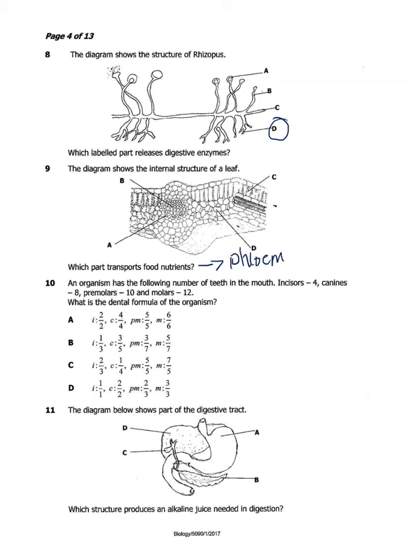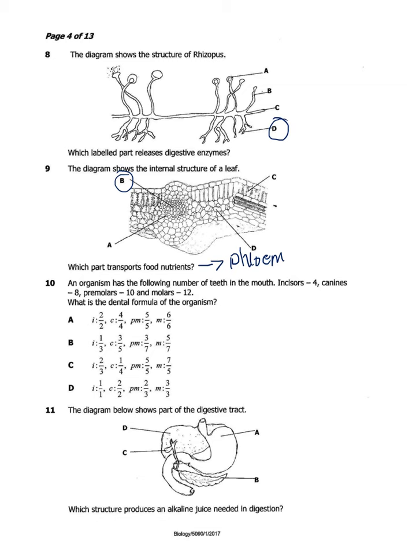So whenever you are given a structure like this, just look at which structure looks like a phloem. From my diagram here, I can see that it's B, but the key point here is for those that are using the actual paper, the clear paper, make sure that you look at the phloem structure.